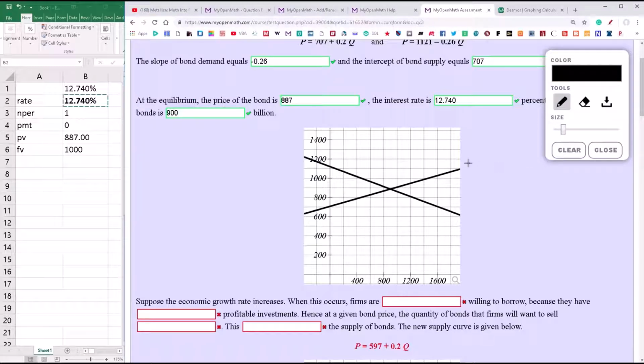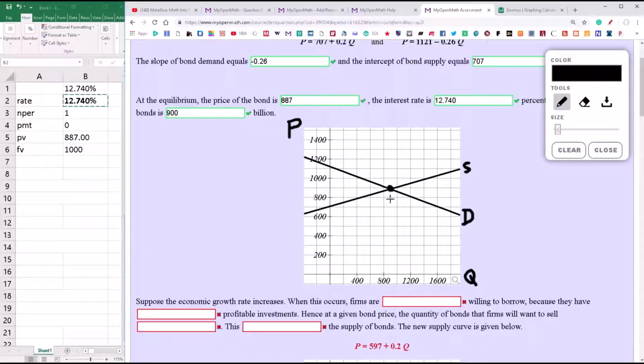Okay, so this is the supply curve. This is the demand curve. This is the quantity axis. This is the price axis. And then the equilibrium is right here.